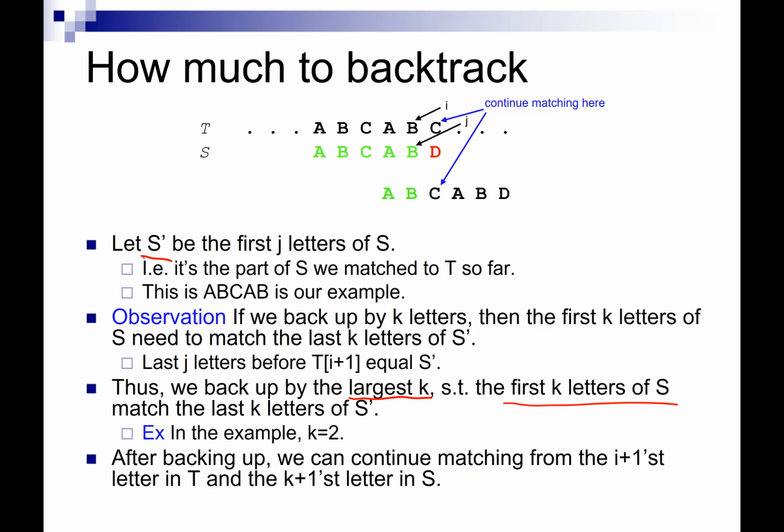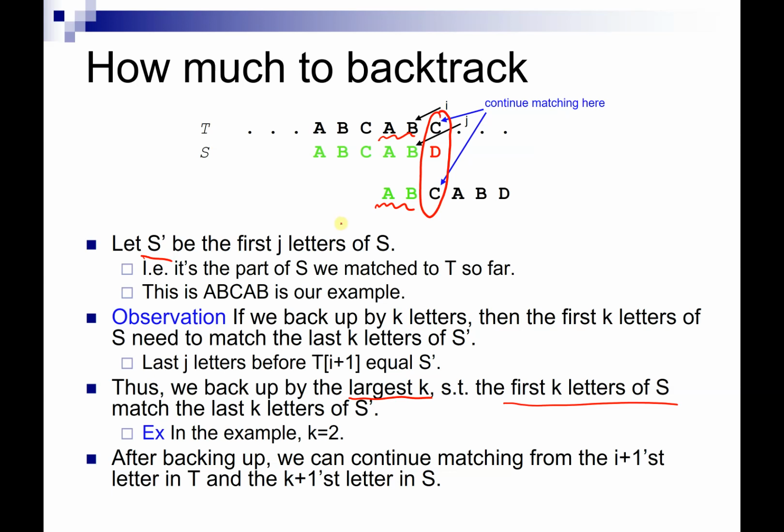After that, you don't need to match these K letters of S to these K letters of T anymore, because we're already guaranteed that they match. And so you can just continue with the next letter of T and then the next letter of S.